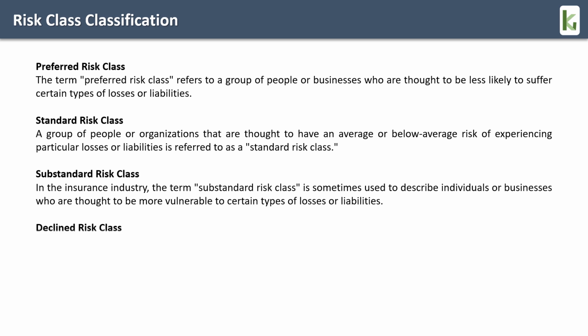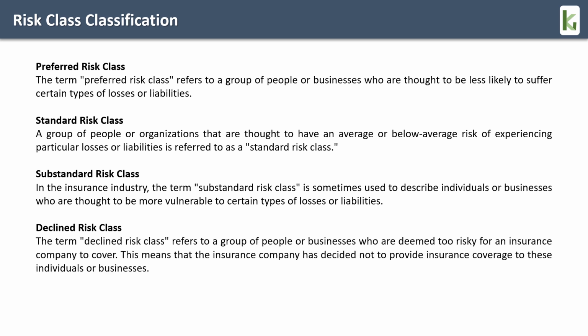The last classification is declined risk class. As the name suggests, the term declined risk class refers to a group of people or businesses who are deemed too risky for an insurance company to cover. This means that the insurance company has decided not to provide insurance coverage to these individuals or businesses.